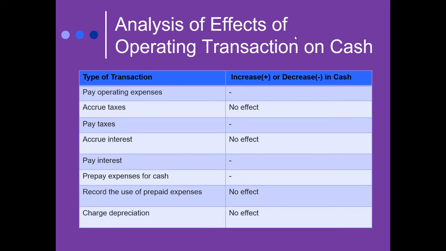Okay, so these are the remaining list of types of transactions and the types of effect. Okay, so you can see here when there's accrual, it means that there is no exchange of cash. So accrual does not involve any exchange of cash. You just have to recognize the accruals because you have to match with the period when the expenses occur.